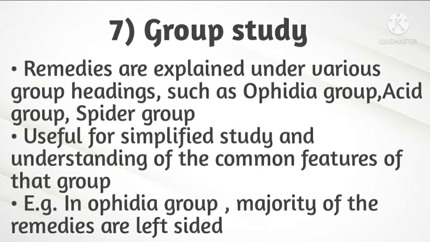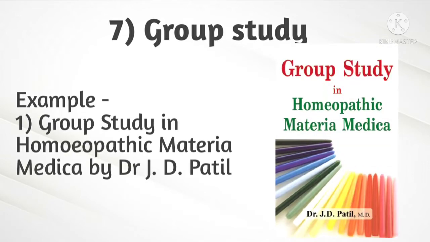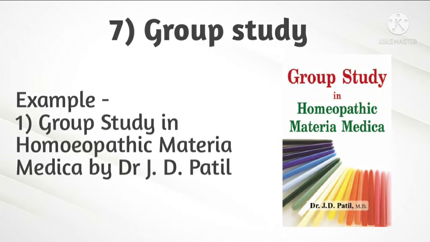So it makes it easy for us to remember that the majority of the Ophidia group remedies are left-sided. Rather than studying single remedies of the same group, knowing the common features of that group makes it easy for us to understand and to remember. Example of the books of group study is Group Study in Homeopathic Materia Medica by Dr. J.D. Patil.